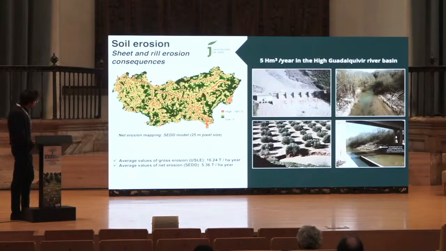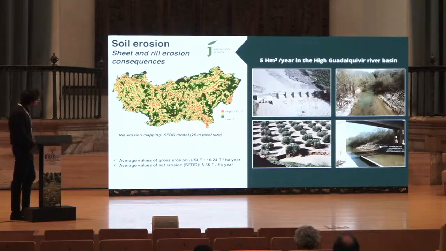Not only the potential erosion in the plot, but we can also apply sediment delivery ratio models in order to test the sediment production at a larger scale. For example, in this case, it is the Upper Guadalquivir River Basin scale, that is almost 200,000 hectares.